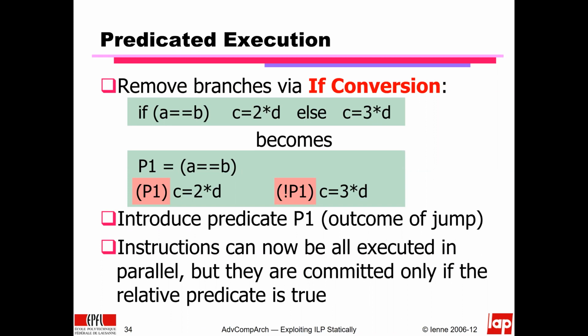So what is the point of all this? The point is maybe dual, right? On one side, these two instructions, C equal 2 times D and C equal 3 times D, can be executed in parallel. So if I don't know which one is to be executed, and if I have plenty of units free, I can just essentially try both and figure out, which is in some sense even better than predicting and speculating because I don't need to.